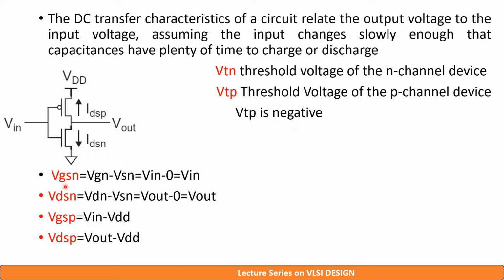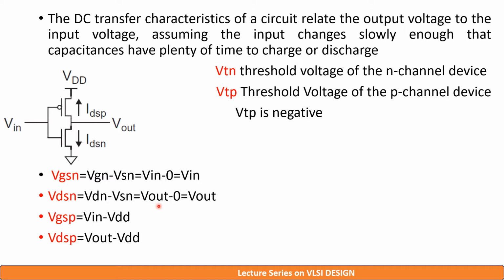So let us compute VGSN now. VGS for NMOS device can be written as VG for NMOS minus VS for NMOS. Gate voltage for NMOS is Vin, source voltage for NMOS is 0, therefore VGSN is Vin. VDSN is drain voltage for NMOS minus source voltage for NMOS.